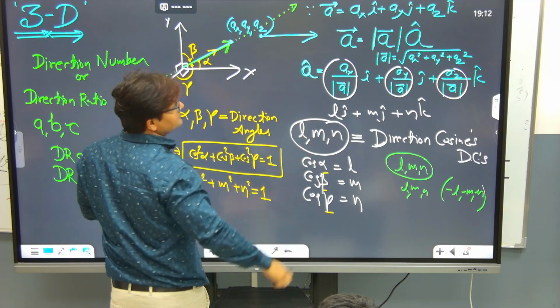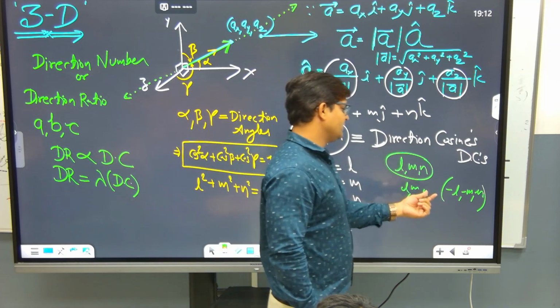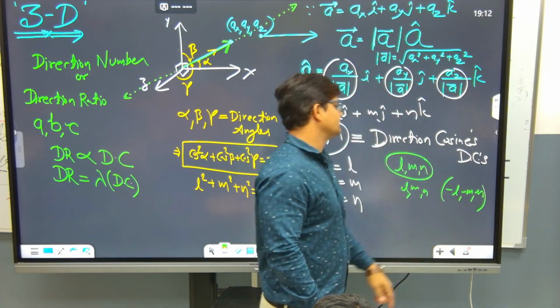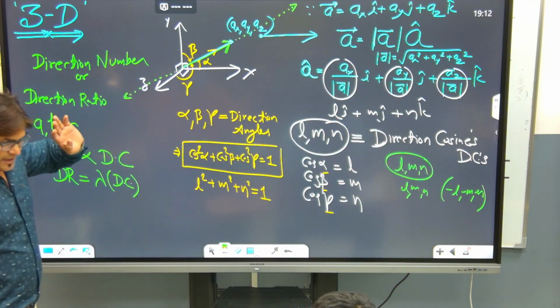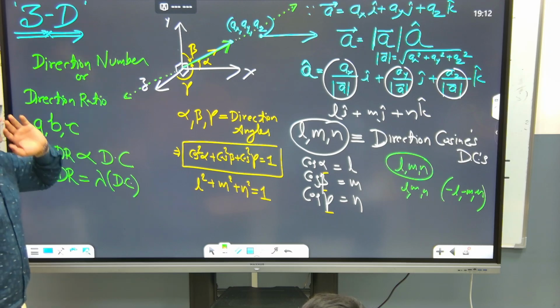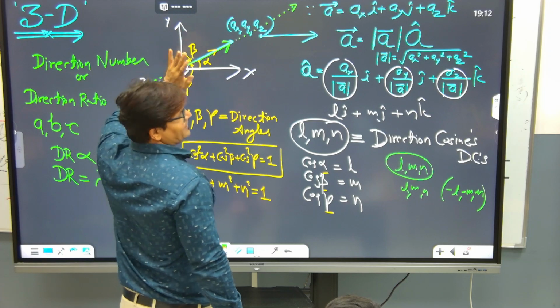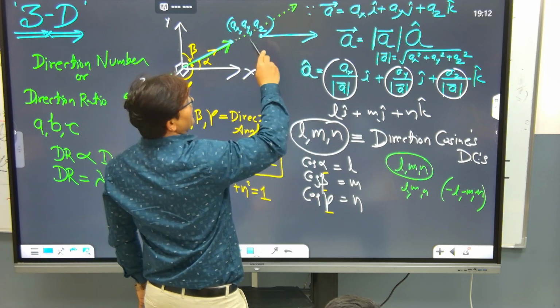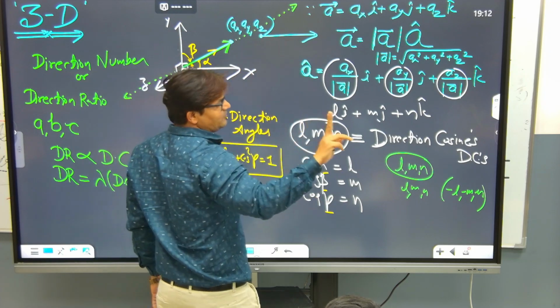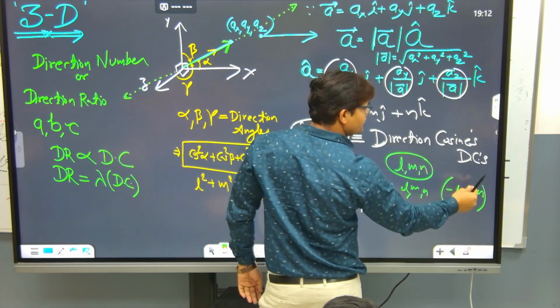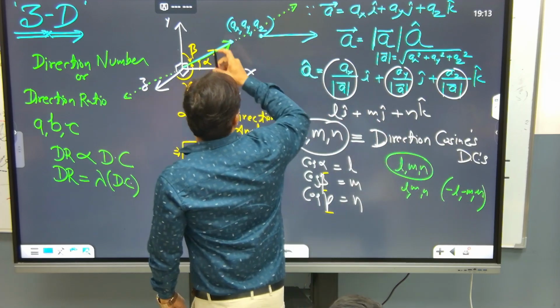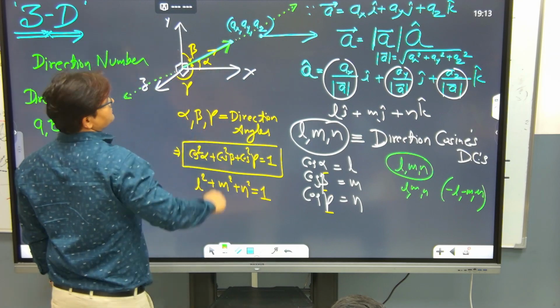Cos of 180 minus alpha is minus cos alpha, so the values are minus L, minus M, minus N.